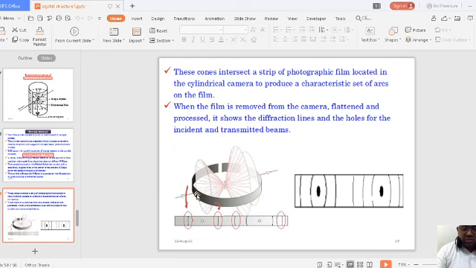You can see there are two holes here. Those holes are indicated with a dark spot, where you can find the incident ray, and here you'll get the transmitted beam. So one of them is the incident beam and the other is the transmitted beam.